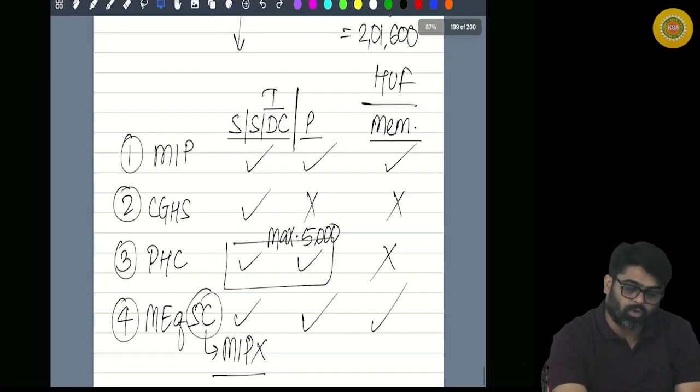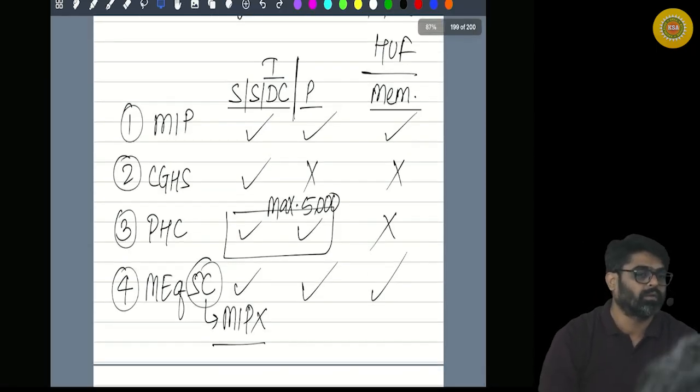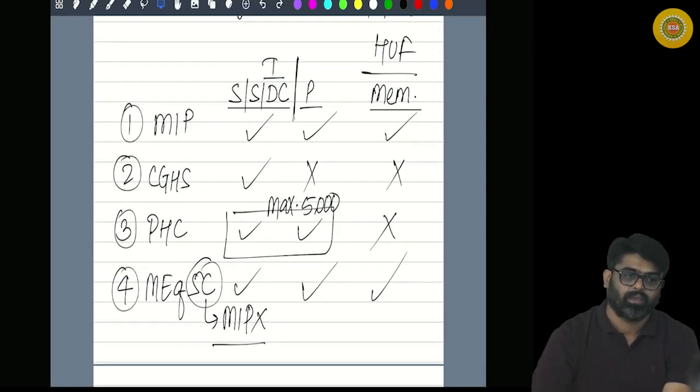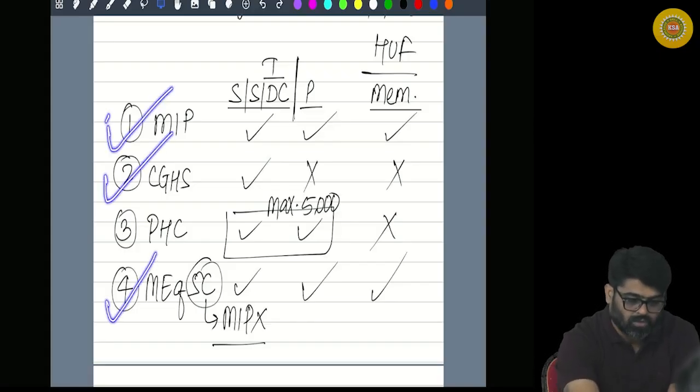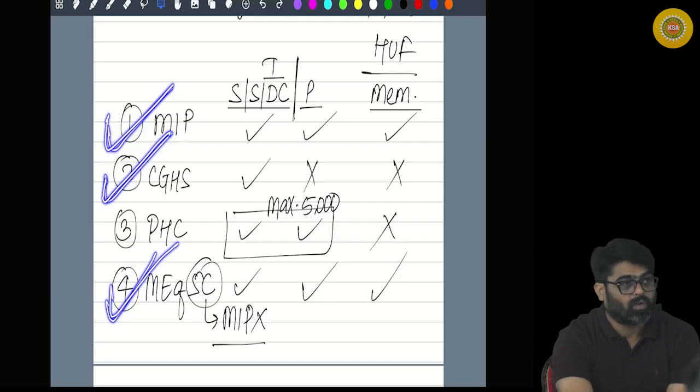And all these payments will be allowed under 80D. Oh sorry, not all four, only 1, 2 and 4, and only if made by way of any mode other than cash. If these payments are made in cash, they will not qualify.